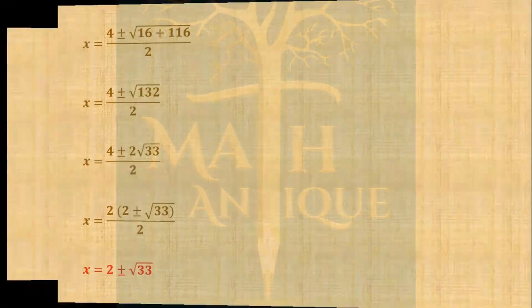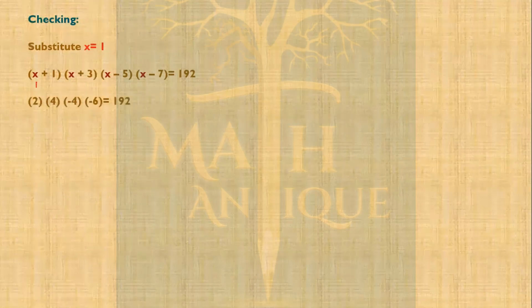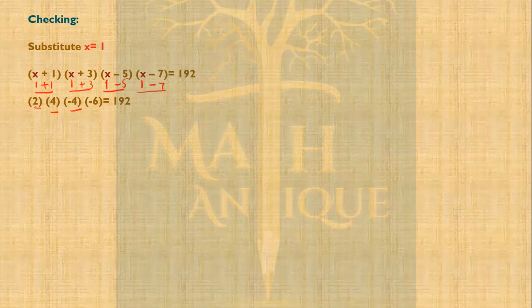Let's check x is equal to 1 first. This is our given equation. Substitute 1 instead of x. Look at the screen. 1 plus 1, this is 1 plus 3, this is 1 minus 5, this is 1 minus 7. So it would be 2, this is 4, this is minus 4, and this is minus 6.